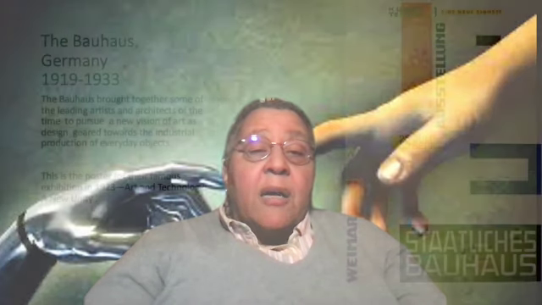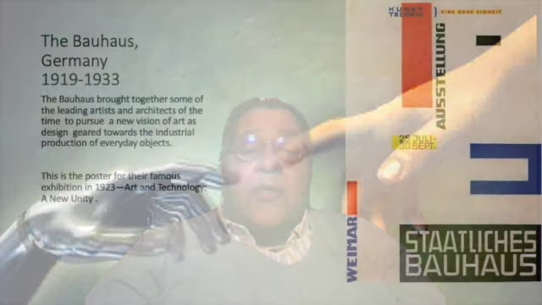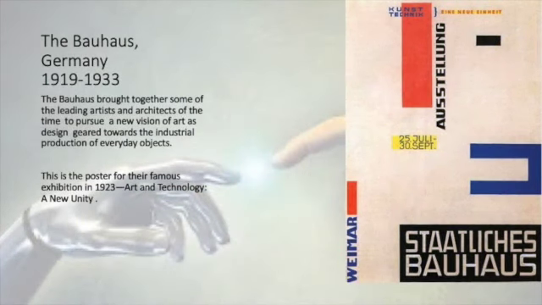Most famous among these movements was the Bauhaus in Germany. The name of the exhibition that its founders organized in 1923 proclaimed their mission: art and technology, a new unity.